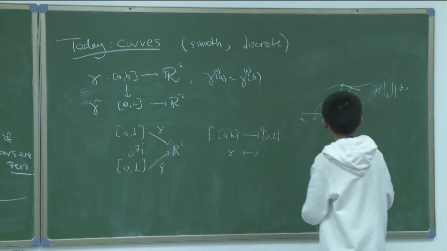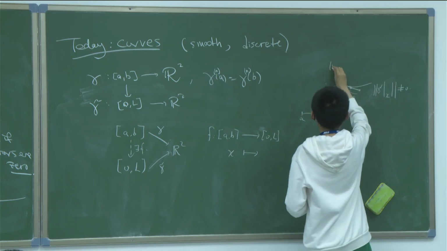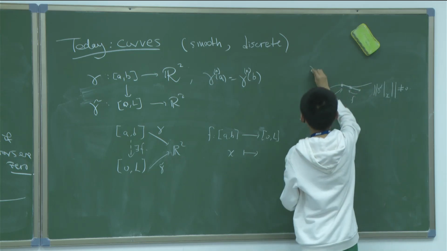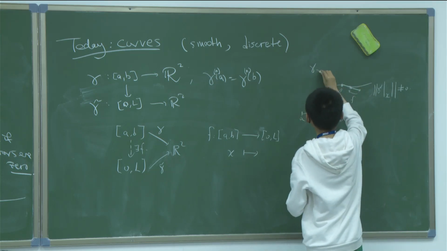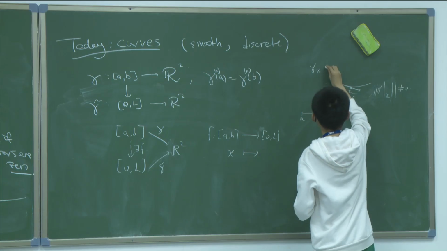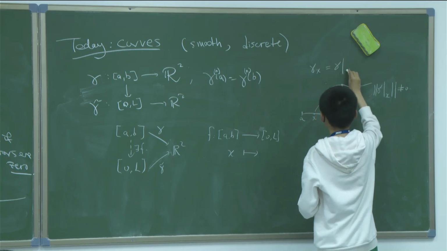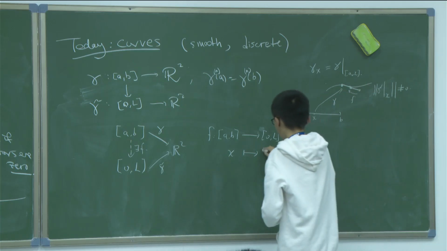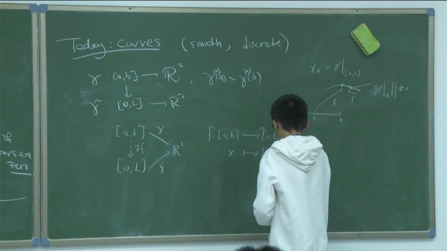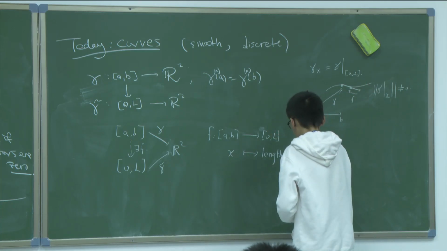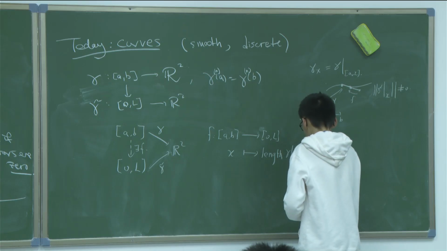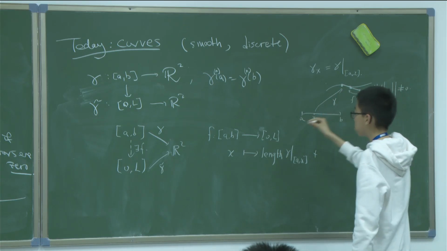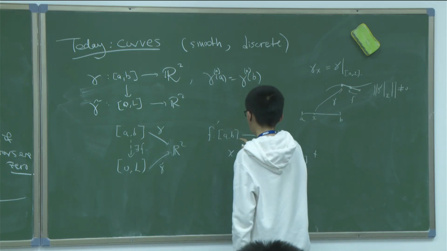Suppose the length of gamma from a to x, so it can be the length of gamma restricted to a to x.